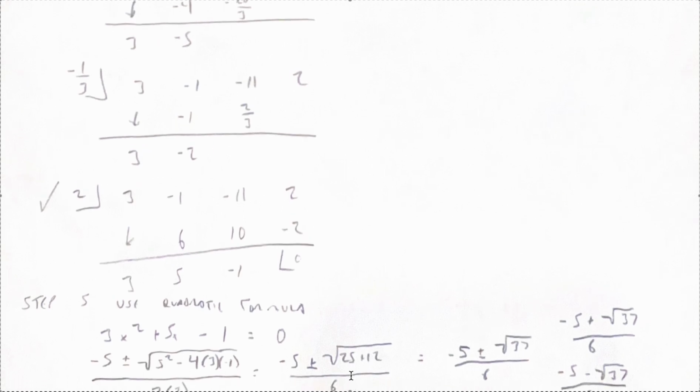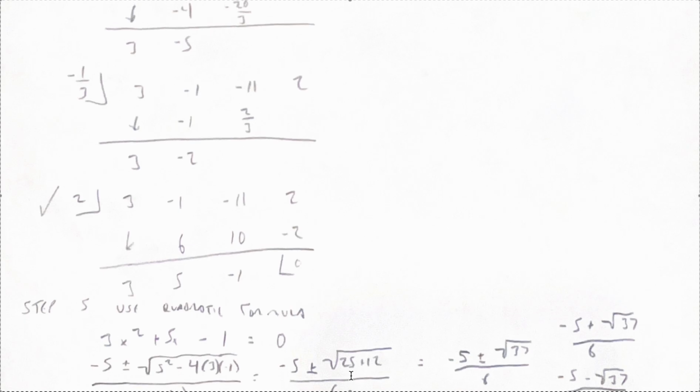So then I start simplifying. The negative 5 stays the same, plus or minus the square root of negative 4 times 3 times negative 1, which is positive 12. 5 squared is 25. And this simplifies to 37 underneath the radical.